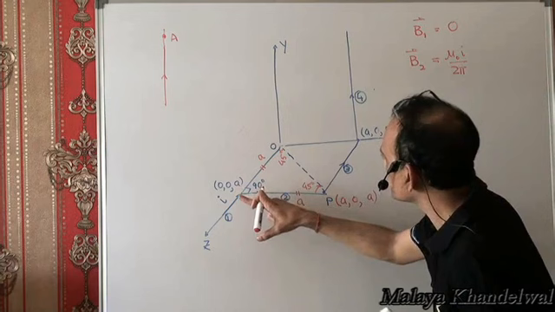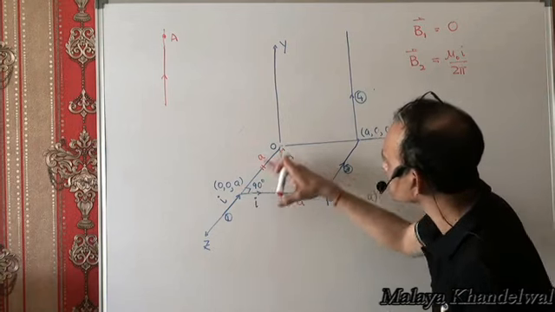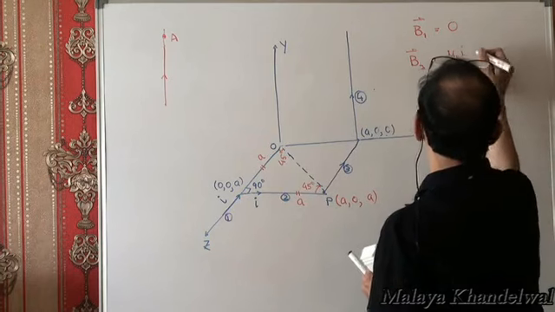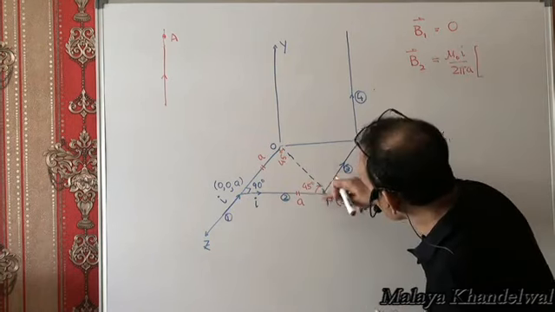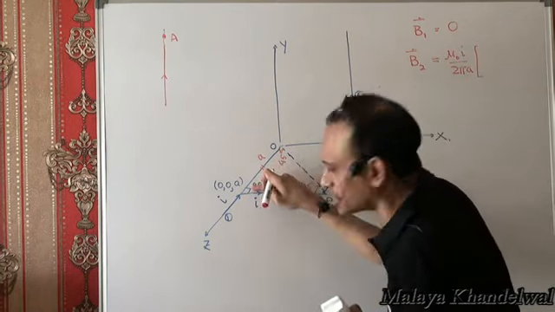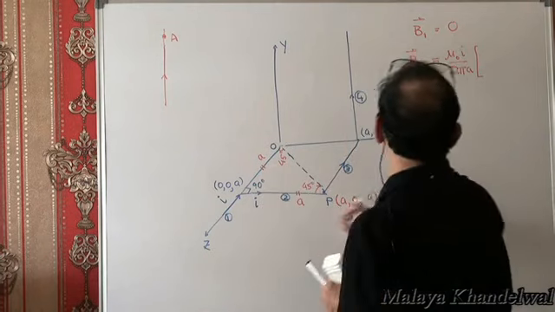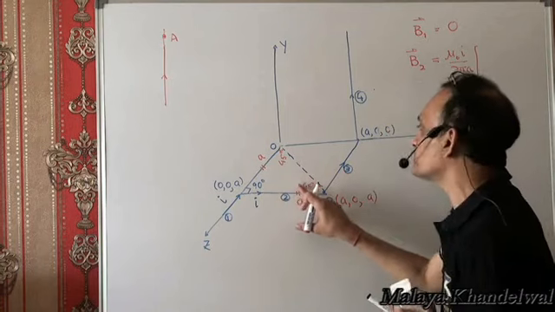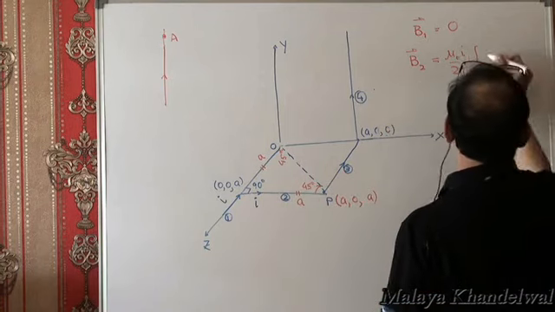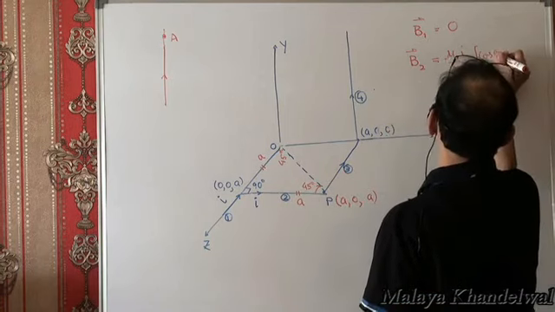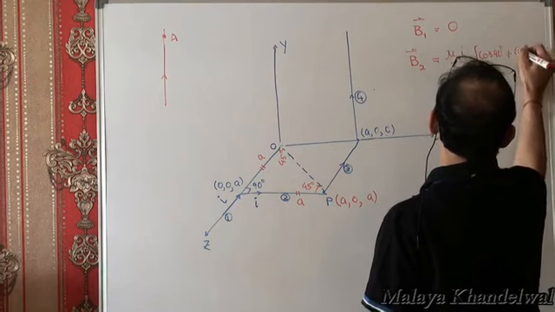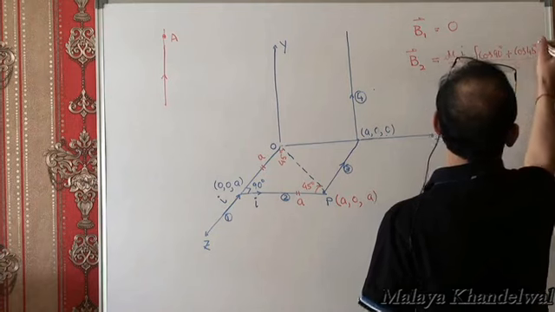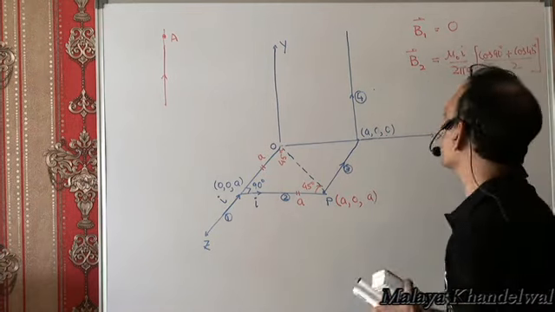It is this, which is A units, so 2 pi A. The distance of this wire from O, see this is 90 degrees. So this is 2 pi A into cos 90 plus cos 45, divided by 2, using the formula.